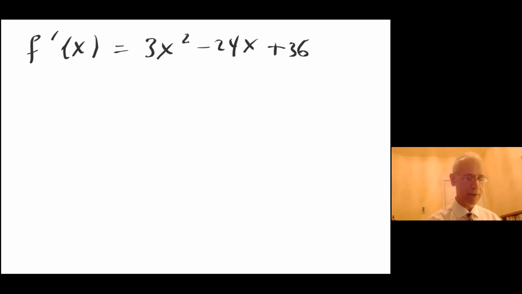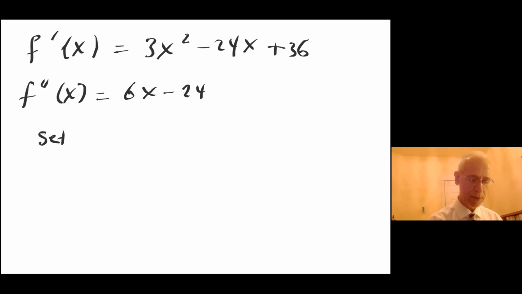And now what is f double prime of x? F double prime of x equals 6x minus 24. Set equal to 0. I have 6x equals 24, and x equals 4.